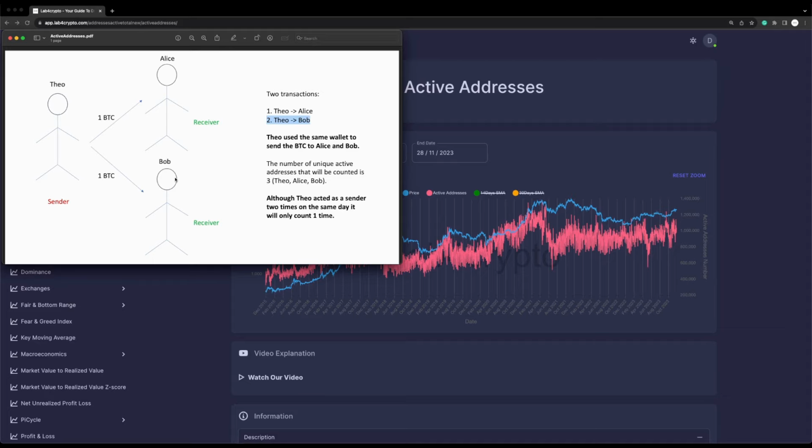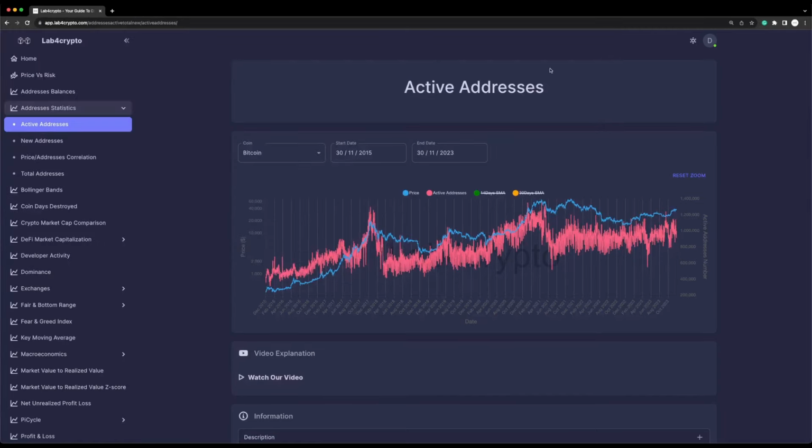Now that we have a clear understanding of what unique active addresses stands for, let's go to the platform and see what we can get from the graph that is in front of us. Let's analyze the active addresses for Bitcoin in the preset time window that we have in the platform, but of course you can choose any time frame you like. Analyzing the Bitcoin ecosystem from November 2015 to November 2023 reveals a compelling relationship between the number of active addresses and the price of Bitcoin.